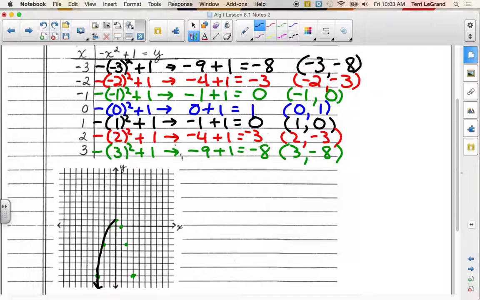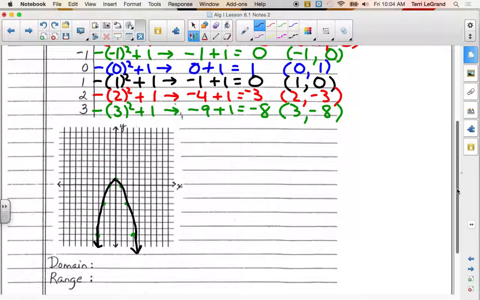And sometimes it's hard to do a full pencil thing. Sometimes it's best to start at the vertex and do one arm of your parabola and then go back to the vertex and do the other arm of your parabola. Drawing them is sometimes rather interesting.